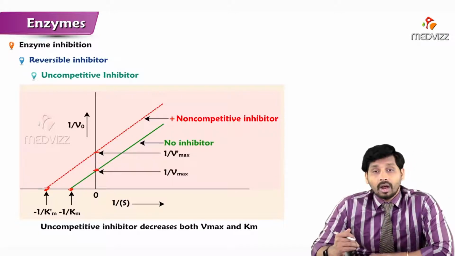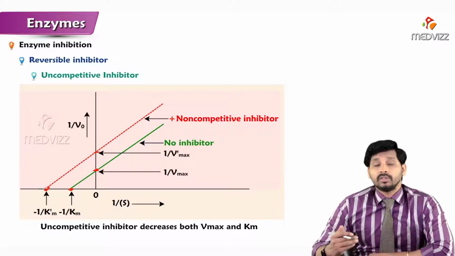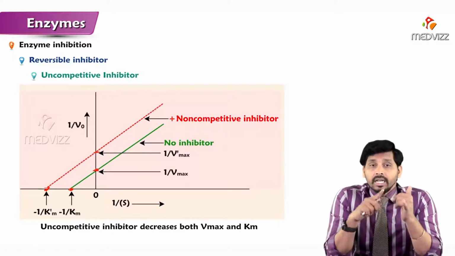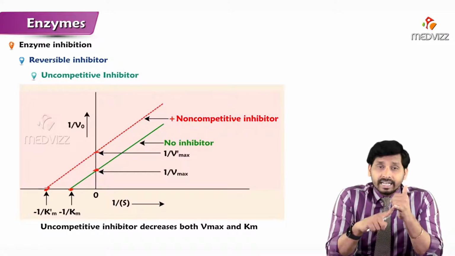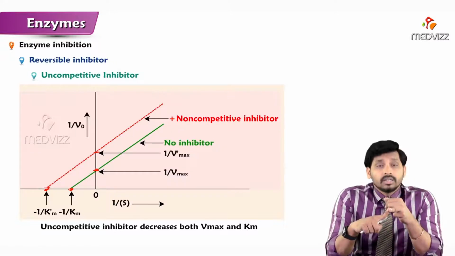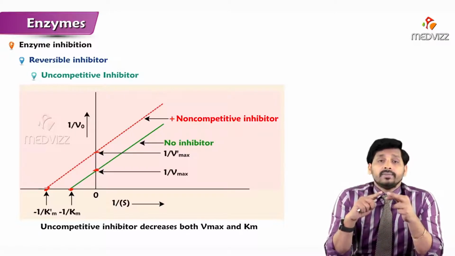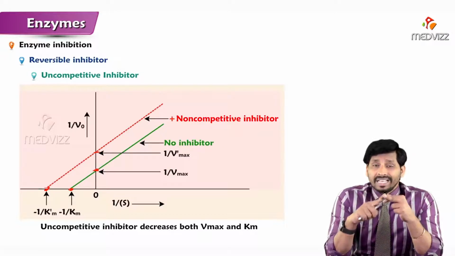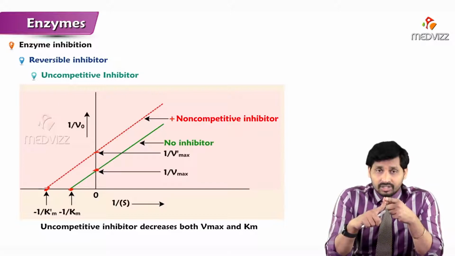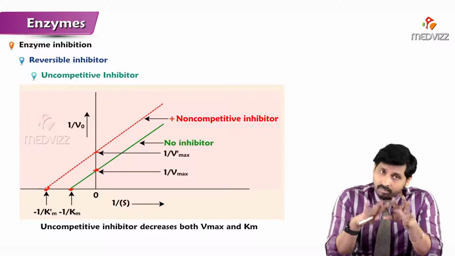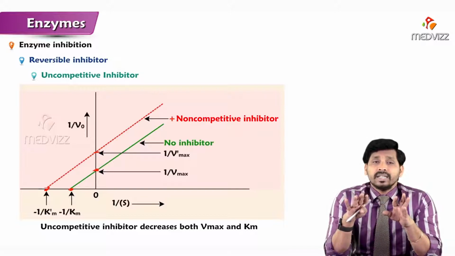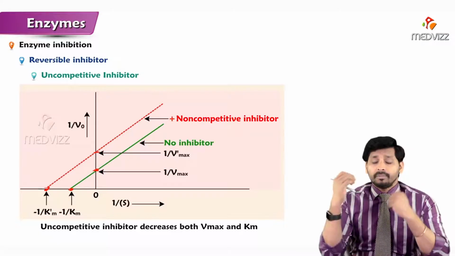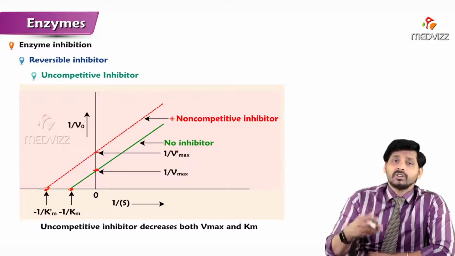In the case of competitive inhibition, what happened? Km has been increased, Vmax unaltered. In the case of non-competitive inhibition, what happened? Vmax has been decreased, Km unchanged. But here, both Vmax and Km values have been decreased in the presence of an uncompetitive inhibitor.